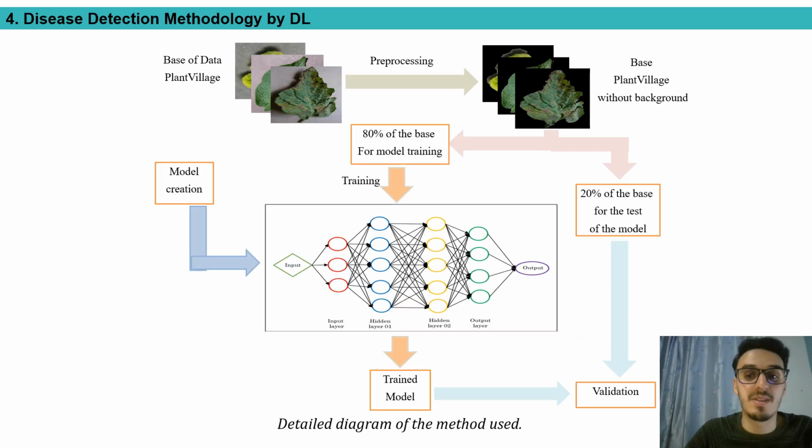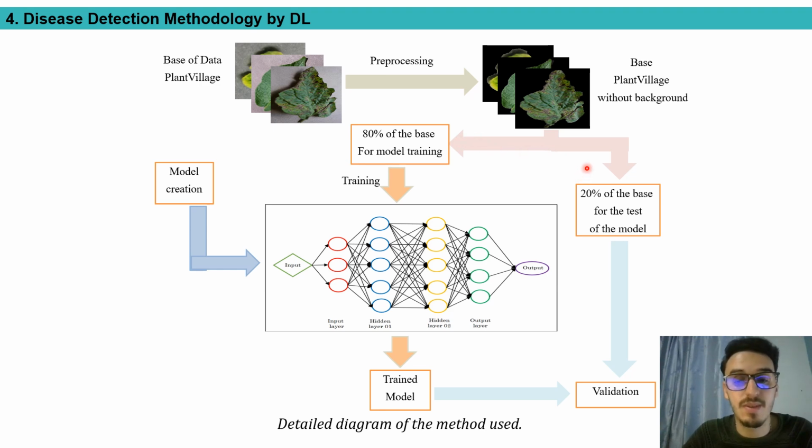Our process starts with getting a database of plant leaves. We removed the background from each image to make them cleaner. Then we divided the dataset into 80% for training the model and 20% for testing.